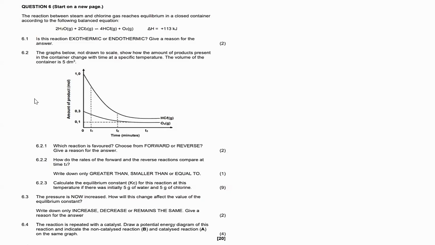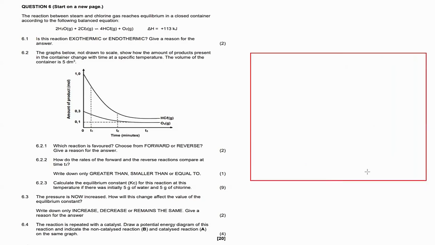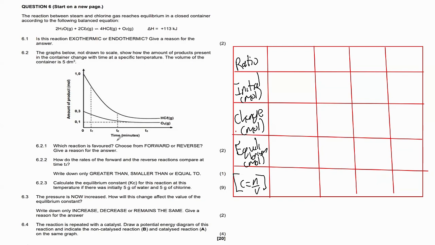So what you needed to note with this question, similar to the last one that I just uploaded recently, is the fact that here, the reverse reaction was favored, right? And if the reverse reaction is favored, there are a couple of things that you need to know. Okay, so here are the things that you need to note.